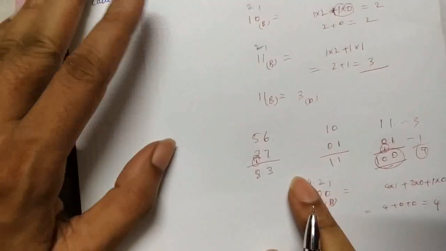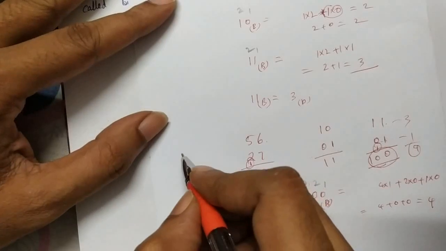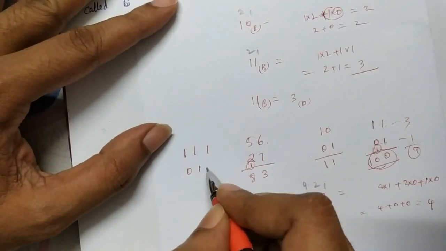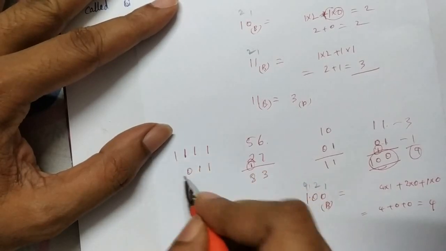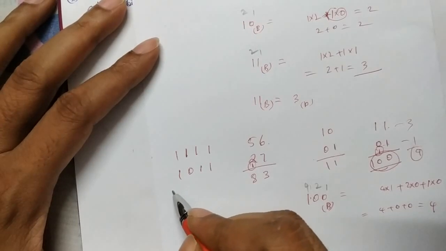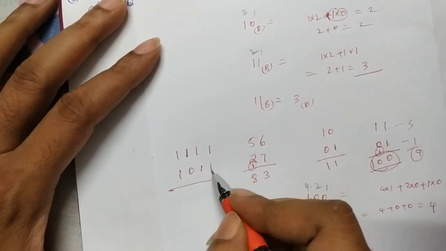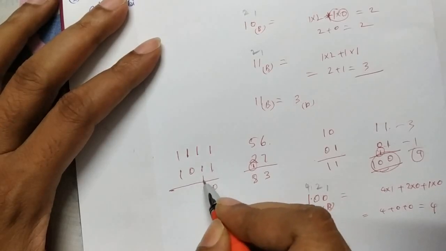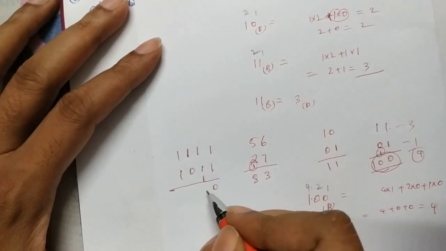Okay, let's see another example. Here 1, 1, 1 and 0, 1, 1. Suppose you take these as the numbers we want to add. Then what do you get? 1 plus 1 gives 1, 0 here, with a carry. Then 1, 1, 1 gives 1, 1, which is a carry, and 1 plus 1 is 1, 0. 1, 1, 1 gives 1, 1.